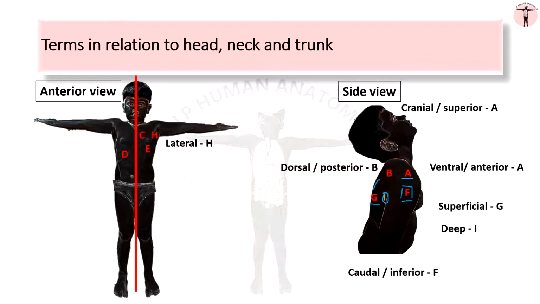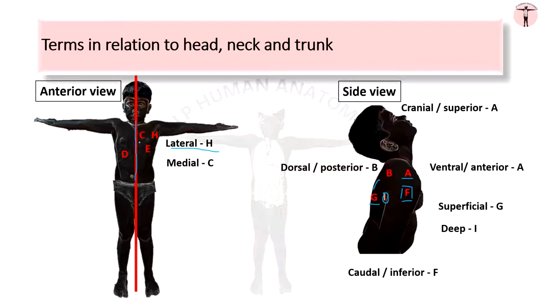Now lateral is the plane away from the median plane or the midline. So that is the midline or the median plane. The structure present away from this midline is lateral, then the structure close to the midline is medial. We call it medial.